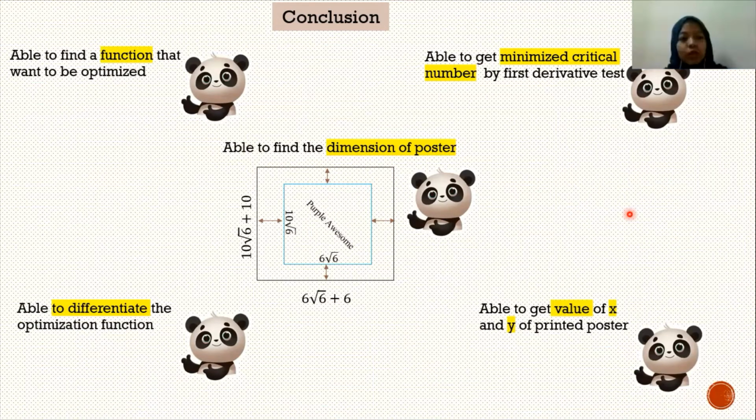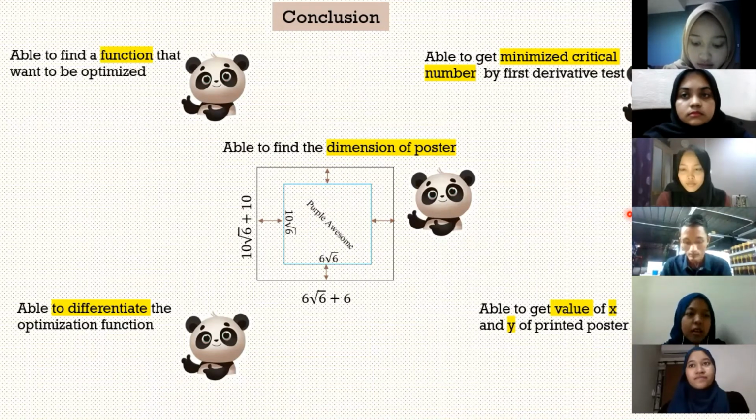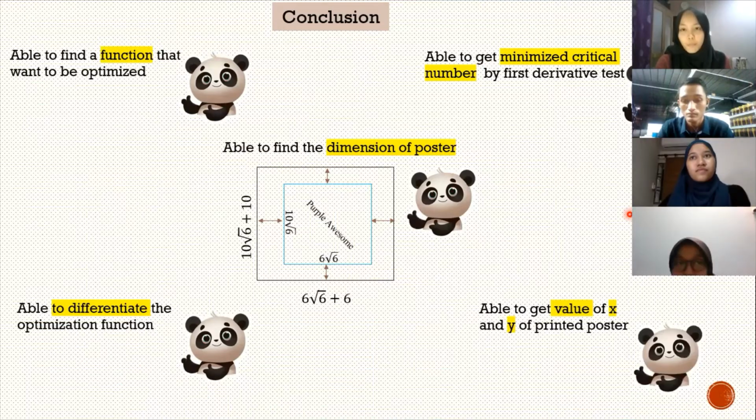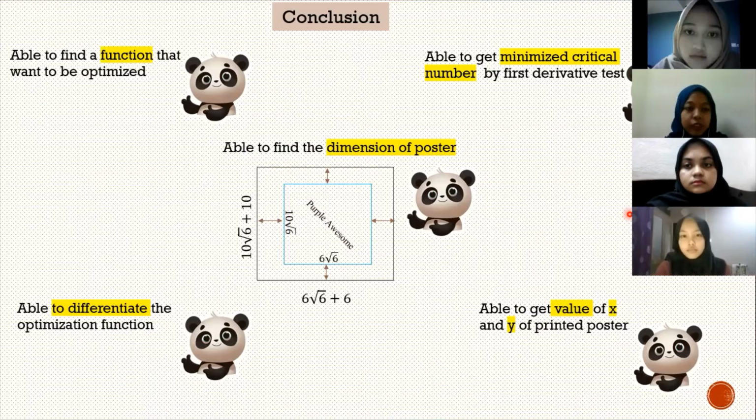Okay, now I will conclude this question. From this question, we are able to find a function that we want to optimize. And then we are also able to get the minimized critical number by the first derivative test. After that, we are able to differentiate the optimization function, and we are also able to get the values of x and y of the printed poster.